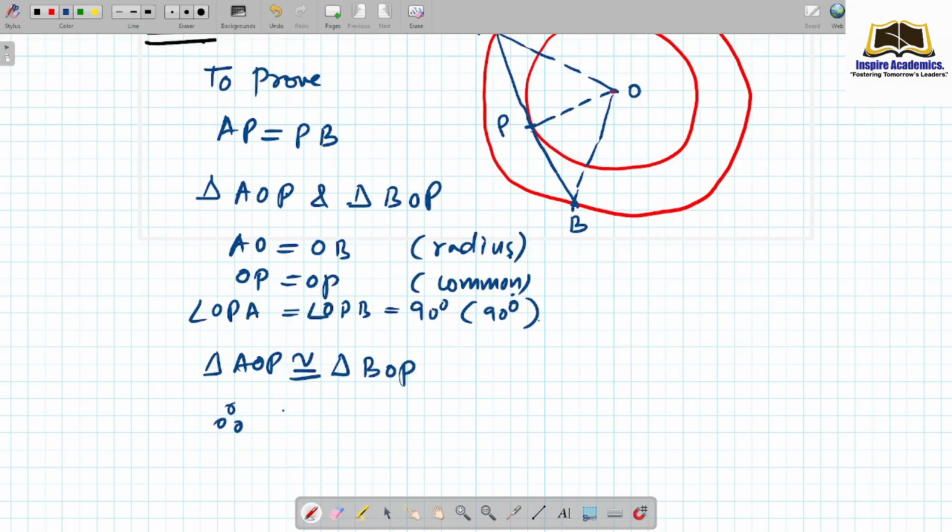Therefore, AP equal to PB. Yes? So, P is the bisector of AB. Are we all clear about this? So that is how we can conclude this.